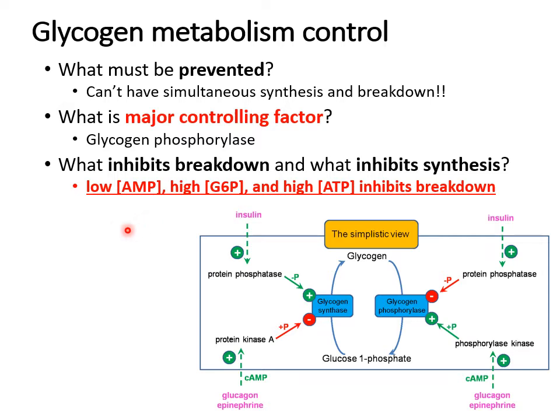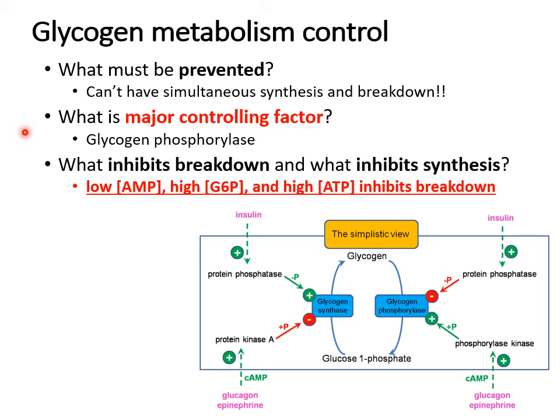So synthesis would be inhibited by high AMP, low glucose 6-phosphate, and low ATP, right? Because if you have low ATP, you're going to need to make more energy, more of the ATP.